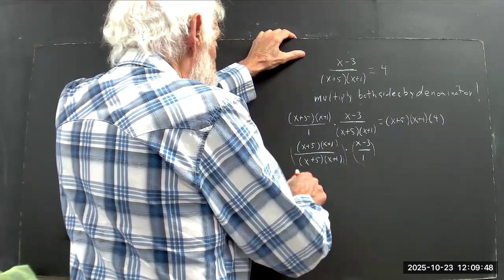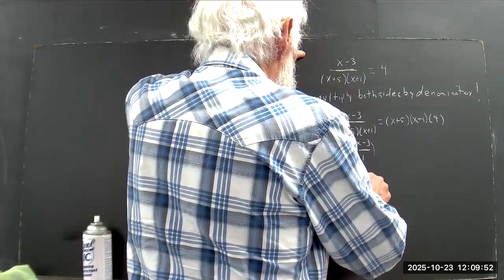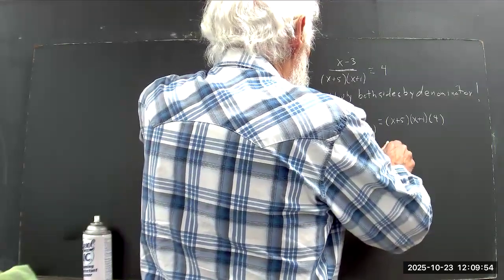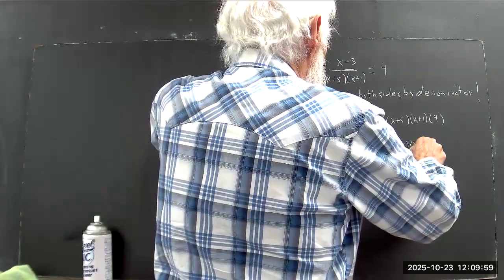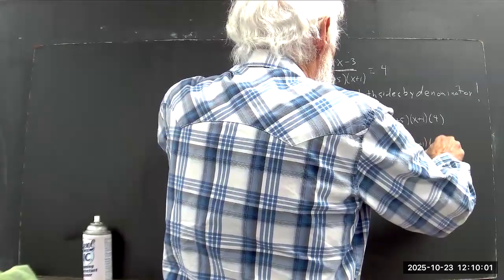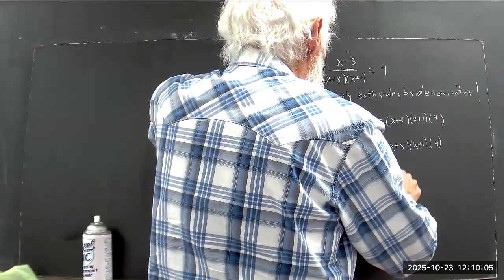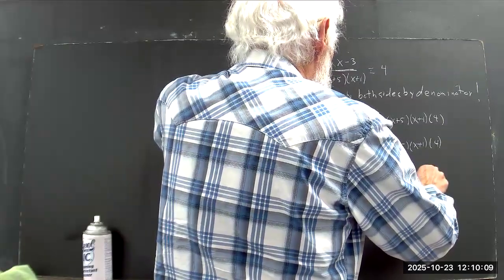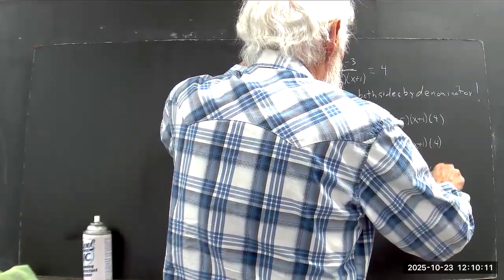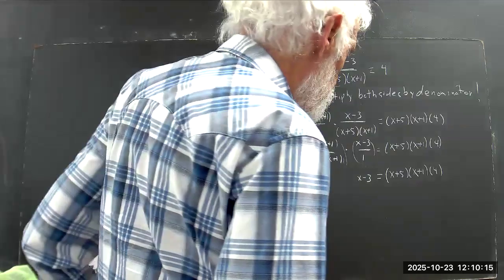So this is just 1, so I don't even have to write it. So what I get is x minus 3 equals x plus 5 times x plus 1 times 4.